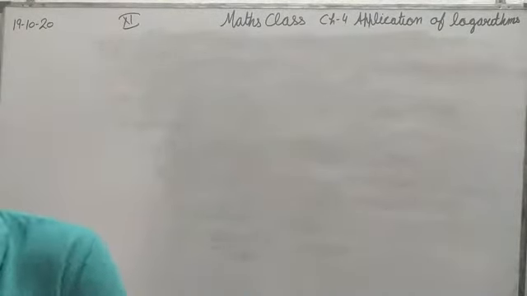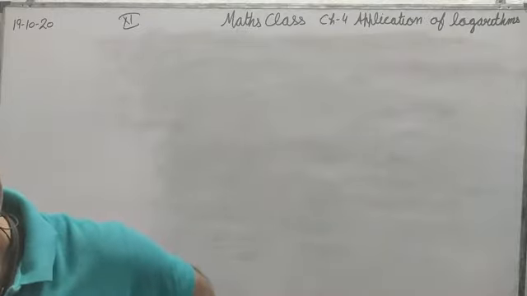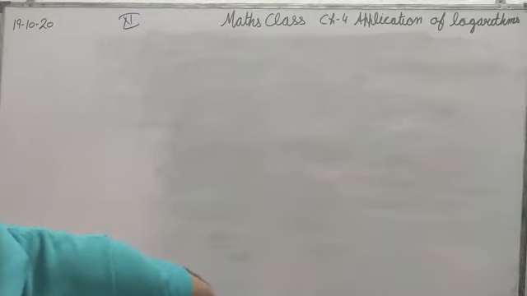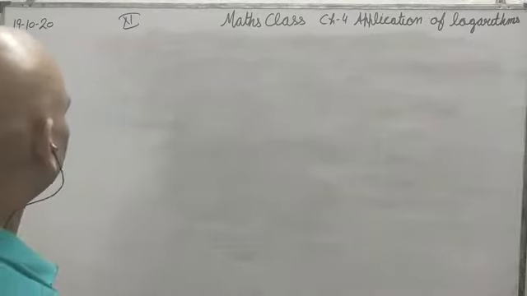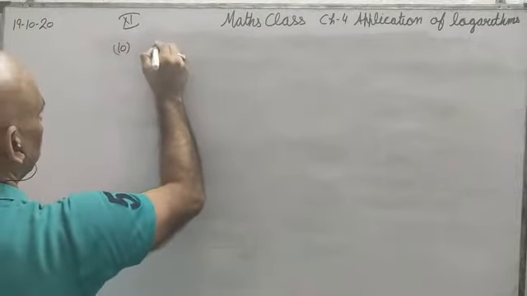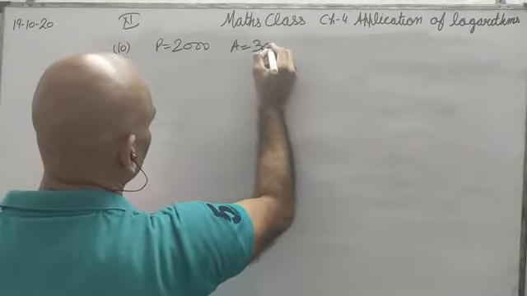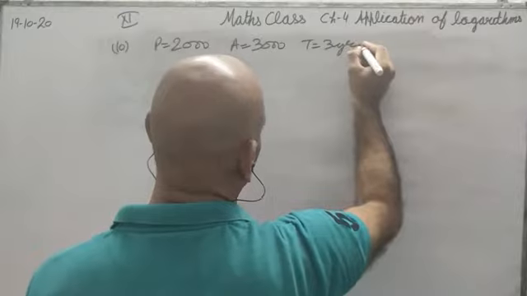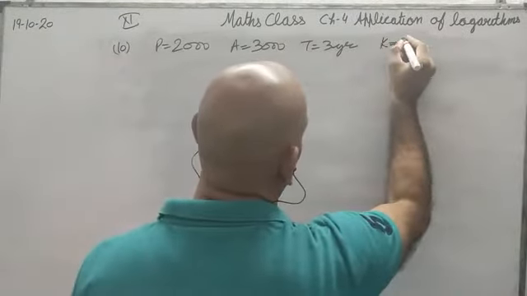In question number 10, he is asking, at what rate percent per annum compound interest will rupees 2000 amount to 3000 in 3 years. Principal is 2000, amount is 3000, time is 3 years. Is it half yearly? Yes, half yearly, so k is 2.